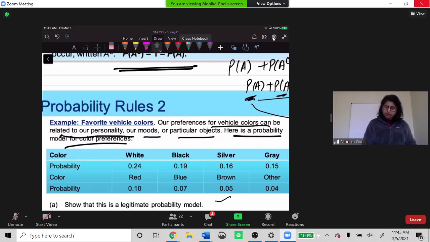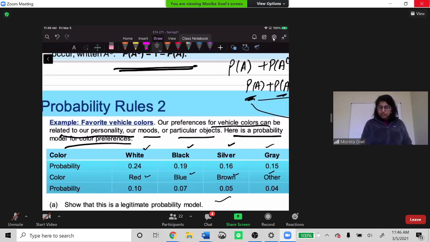Here is the probability model of color preferences. So what colors do we have? We have white, black, silver, gray, red, blue, brown, others. So we have 8 colors. Now it says to show that it is a legitimate, valid probability model.